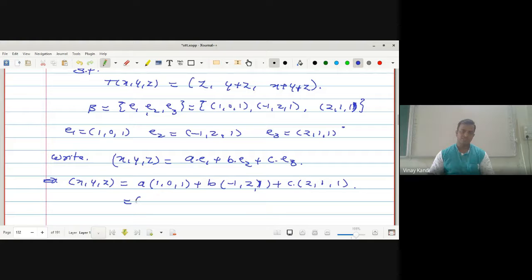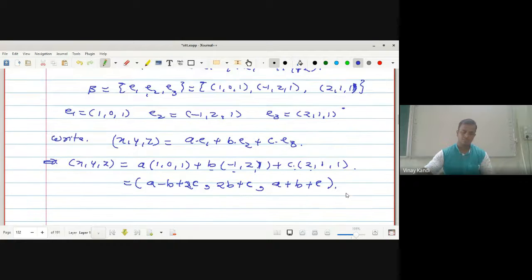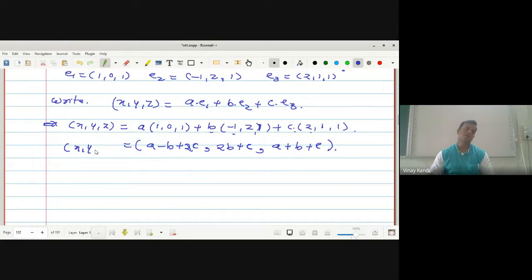So we get the first coordinate a minus b plus 2c, the second coordinate is 0 plus 2b plus c, and the third coordinate is a plus b plus c. So we can write any element (x, y, z) belonging to R3 in this format.